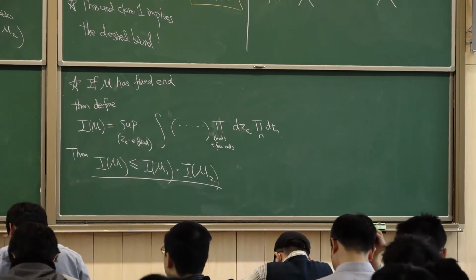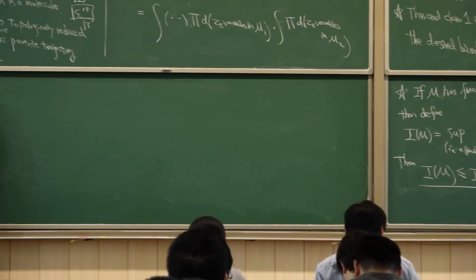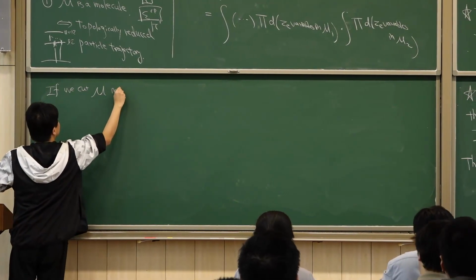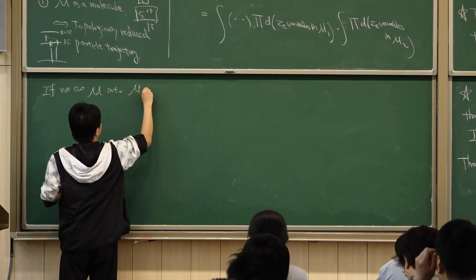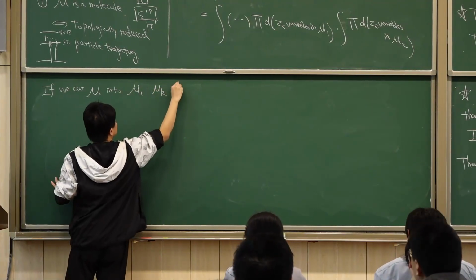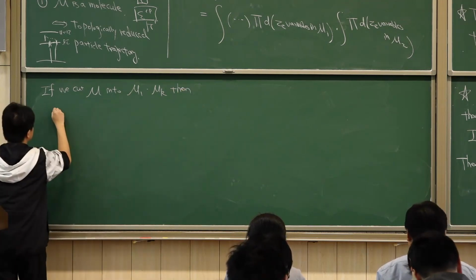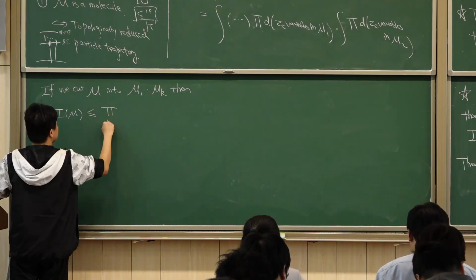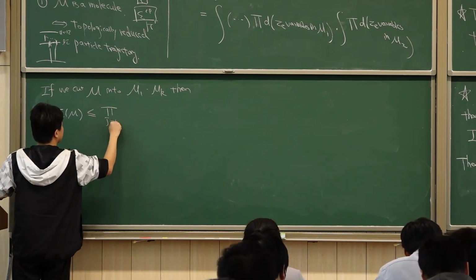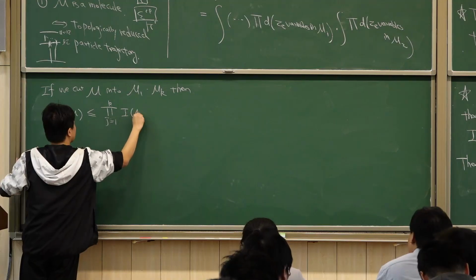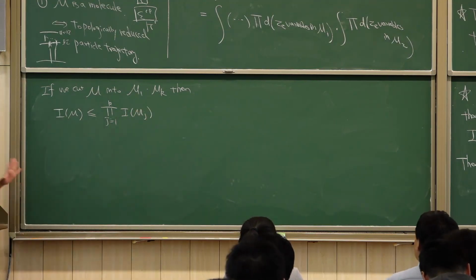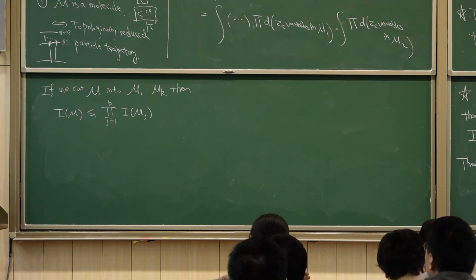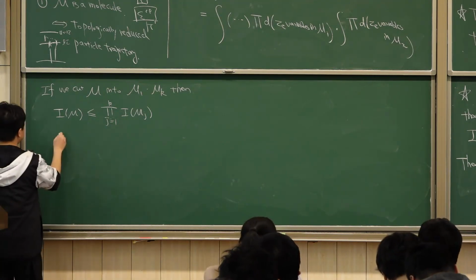If we cut M into M1 to Mk, then I_M is less than the product of I_Mj. So in practice, we're going to cut M into one of the following 4 types.